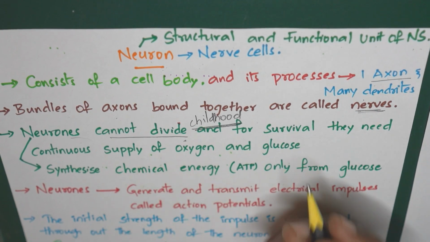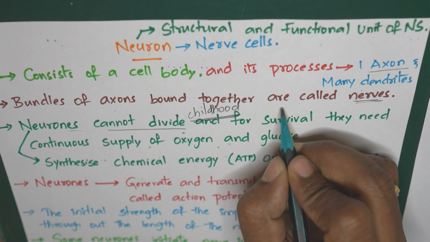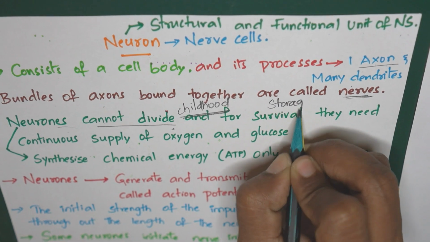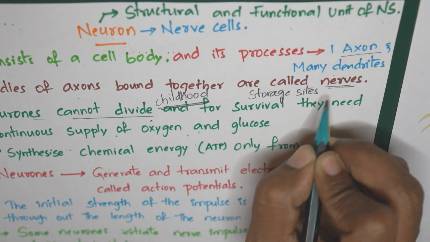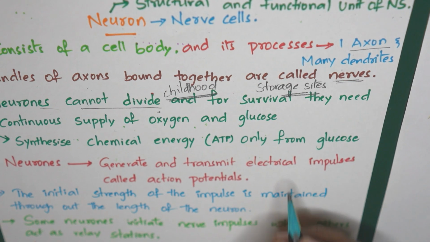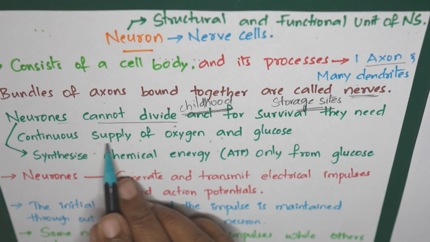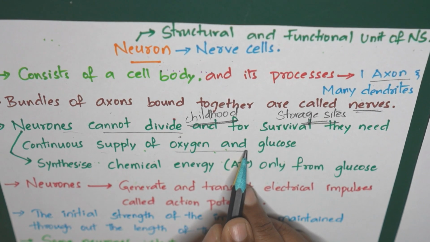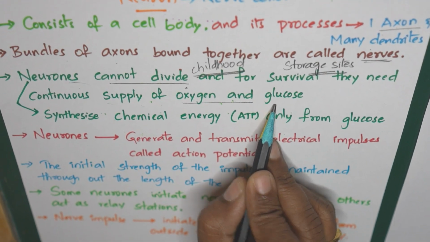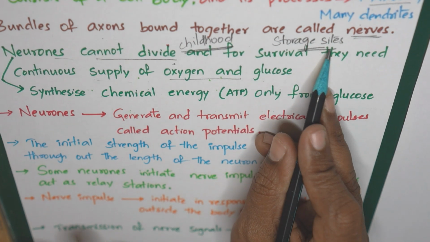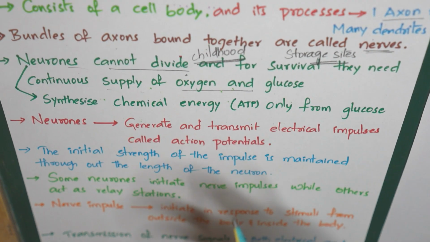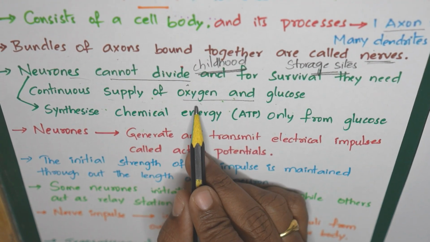And here the neurons don't contain any storage sites. For their survival and functioning, they need a continuous supply of oxygen and glucose. As they do not contain any storage sites, there should be a continuous supply through the blood vessels or the cerebrospinal fluid.